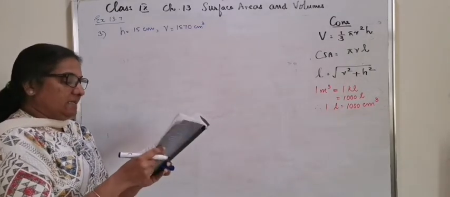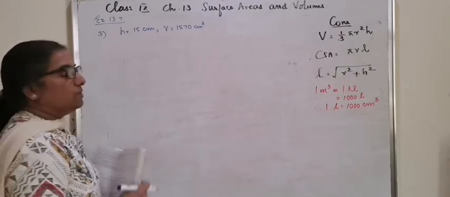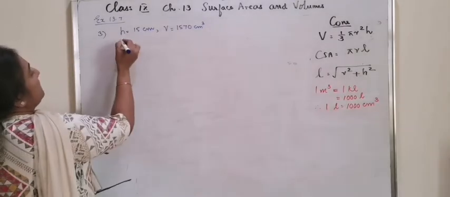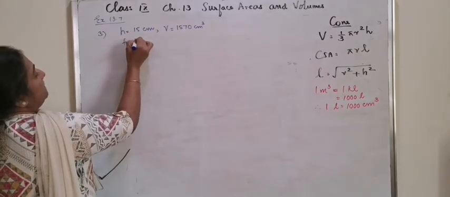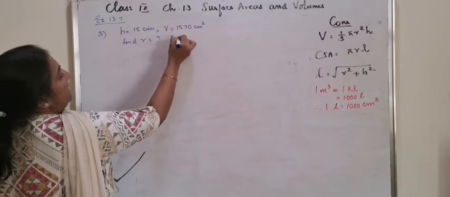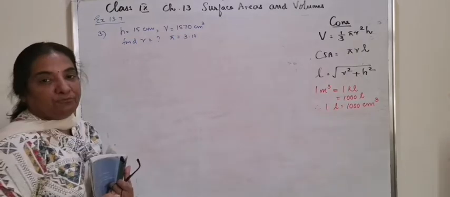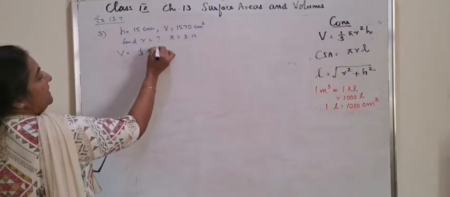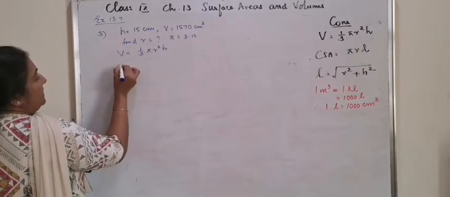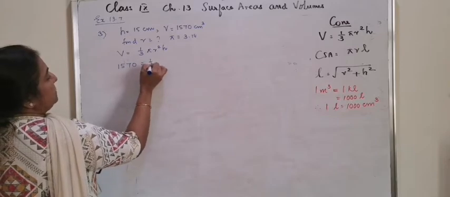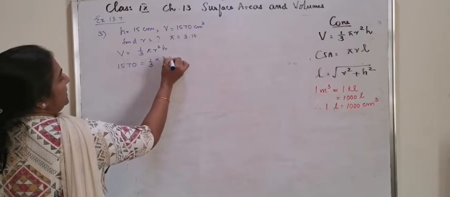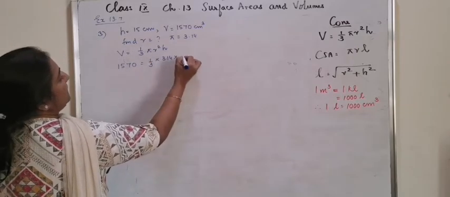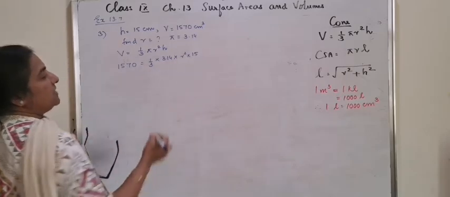Find the radius and use pi as 3.14. So volume is equal to 1 by 3 pi r square h. 1570 is equal to 1 by 3 into 3.14 into r square into 15.